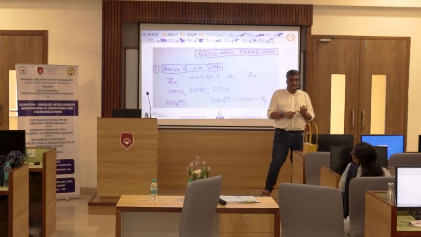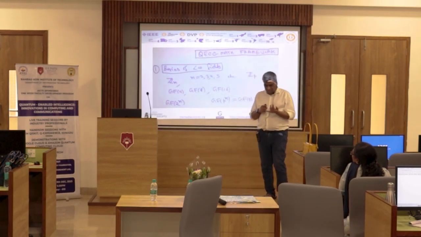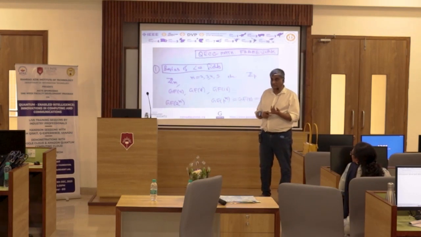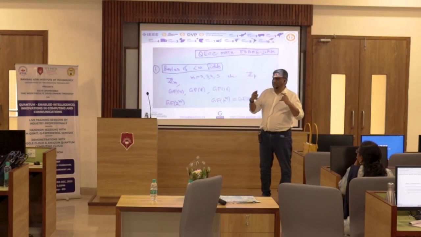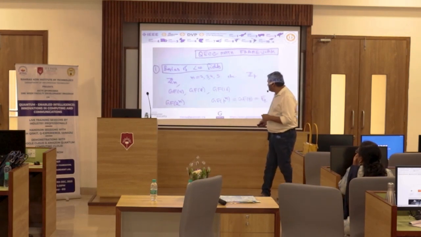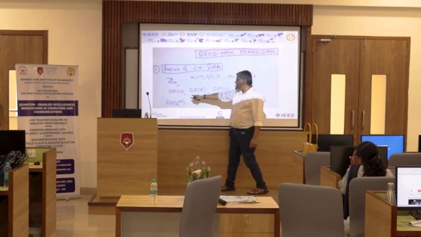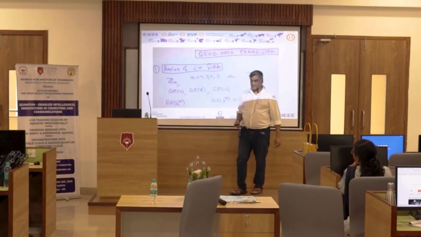For example, n equal to 2, it is a field. I will show you examples. 3, it is a field. 4, it is not a field. 5, it is a field. 6, it is not a field. So actually, essentially for any prime number p, integers modulo p is a field. But I think you might be knowing this. So then I will show you some constructions of how we construct a field with 4 elements actually.